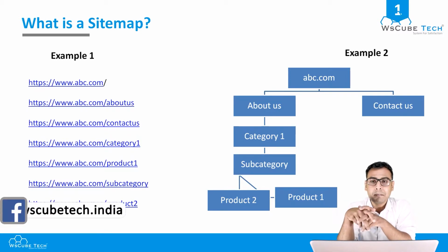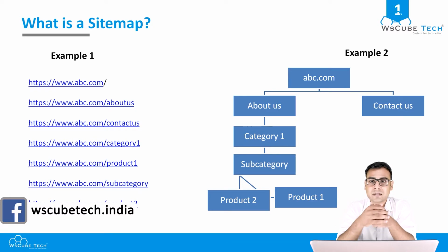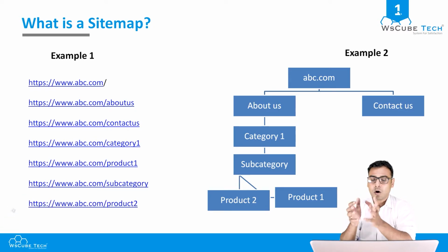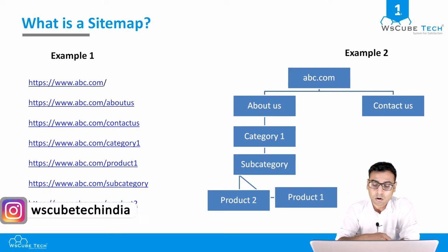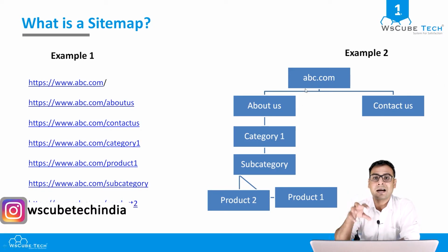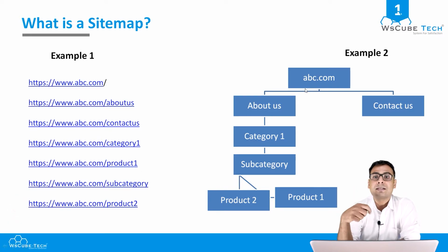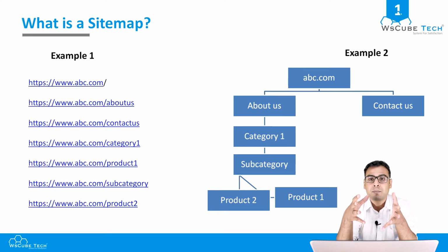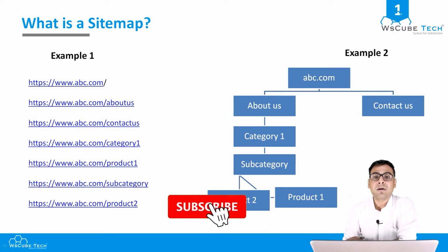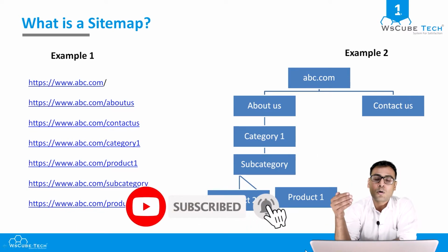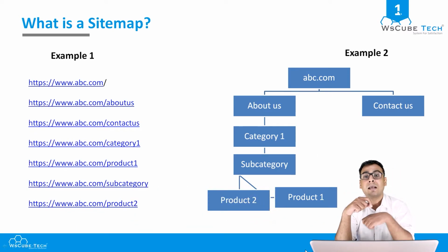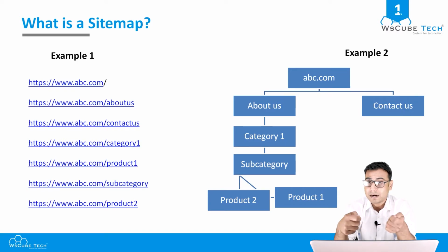And when we implement a sitemap on our website, what we provide to the crawler is this kind of structure. A sitemap is a file that holds the records of your pages in a very structured format. So whenever the crawler comes to your website, it looks for the sitemap file first.